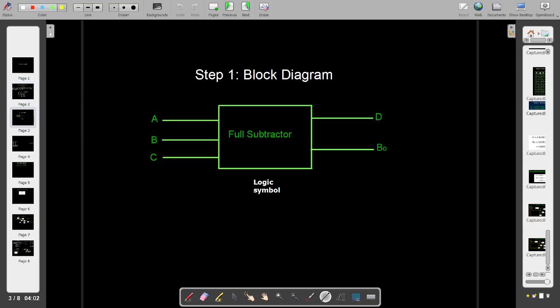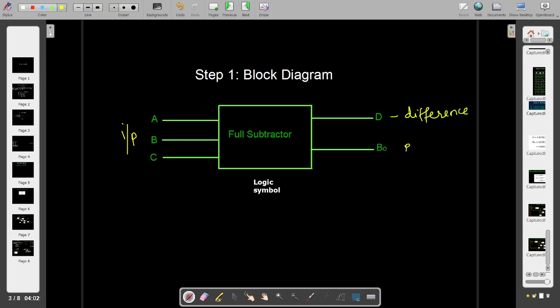So this is the block diagram for the full subtractor. This can also be taken as the logic symbol for full subtractor. Here you have the three inputs, namely A, B and C, and two outputs we have D and B naught. This is borrow output. This D is the difference.